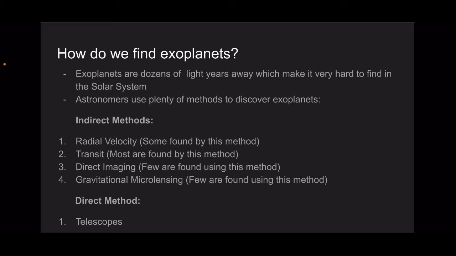They use indirect methods, which are pretty popular, such as radial velocity, transit, direct imaging, and gravitational microlensing. The most common and useful methods are mainly transit and radial velocity, and a direct method is, of course, telescopes.